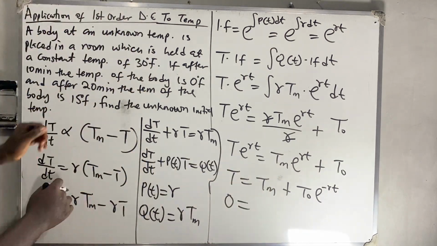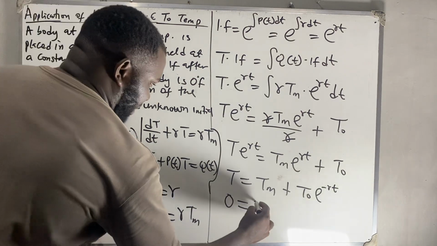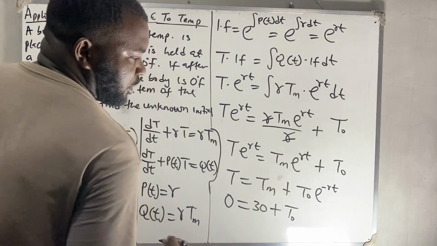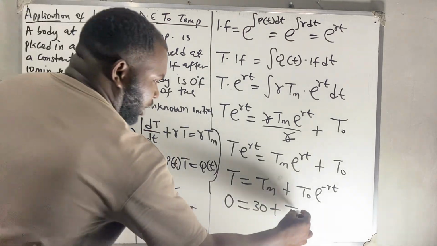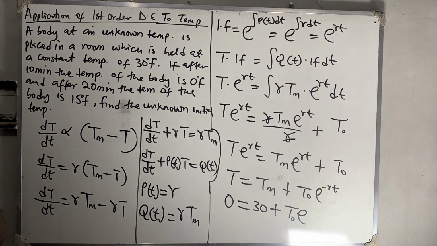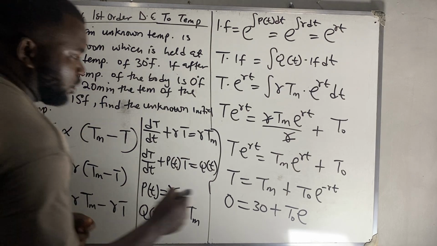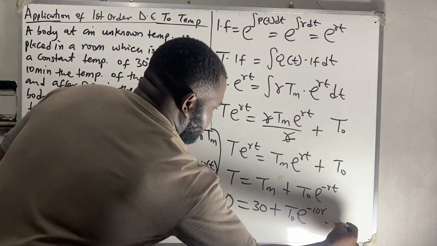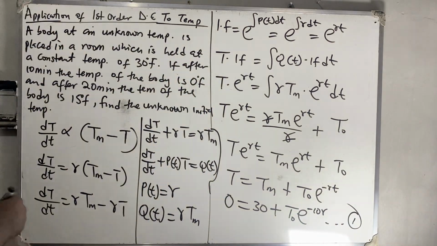And the room temperature is 30. So I'm having 30 here, plus we don't know the initial temperature of this body, T naught, exponential the rate. We don't equally know the rate at which it increases, but they say that it's after 10 minutes. So minus 10 times this, I'm going to have minus 10r. This is equation 1.